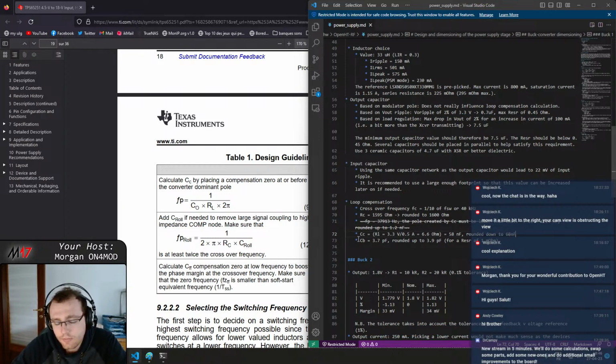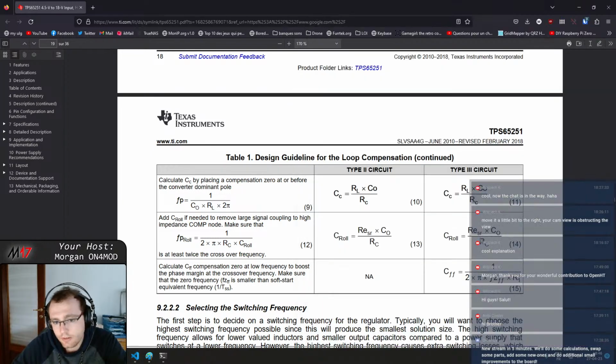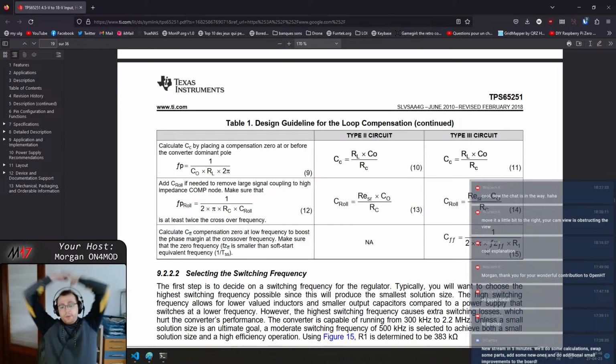Great. And then CB, which is this one, C roll. So RESR. The ESR is gonna be the ESR of the output capacitor, which is typically very low. It's so low that they don't give a specific value in the data sheets usually.